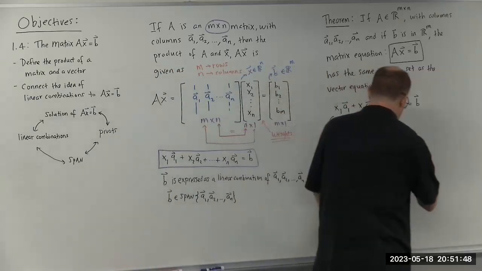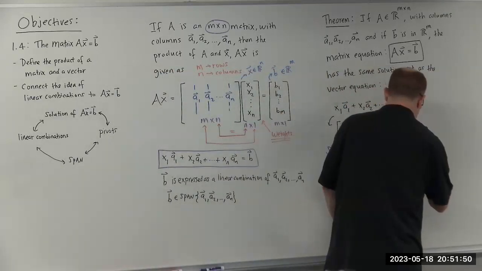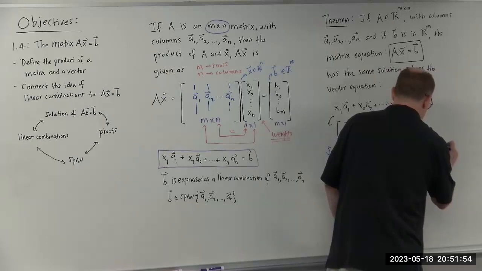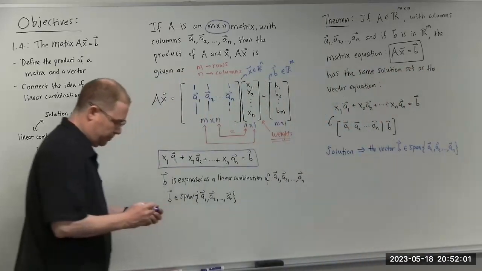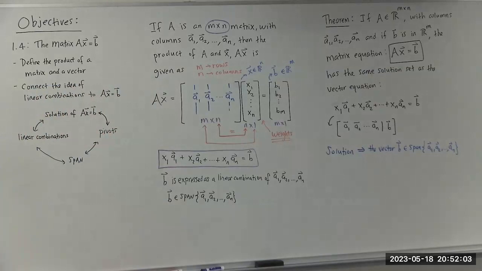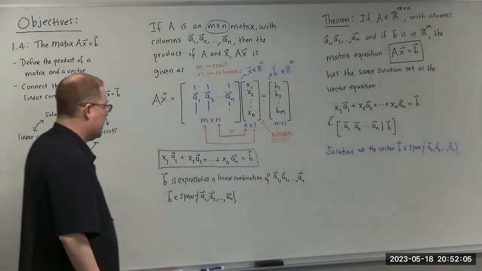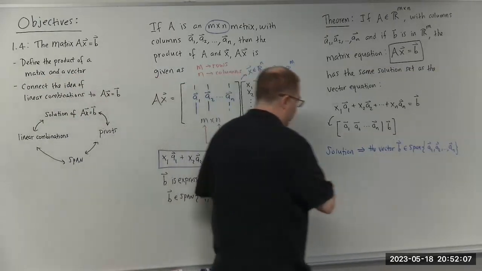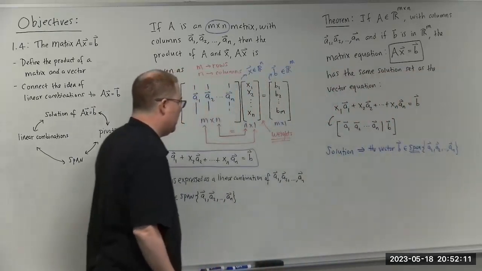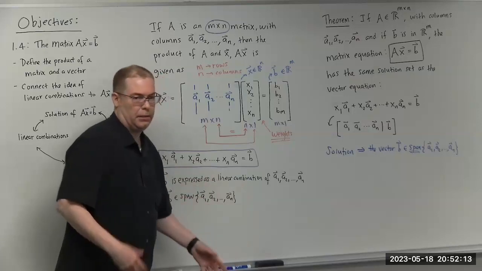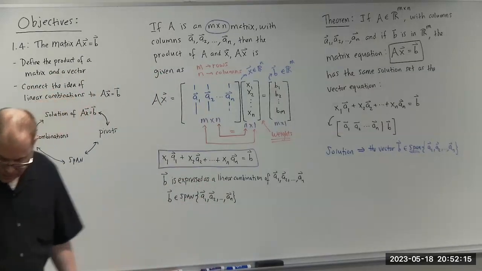So in other words, the vector B belongs to the span of A1, A2, and so on. And the idea of the span goes back to the idea of the linear combination.